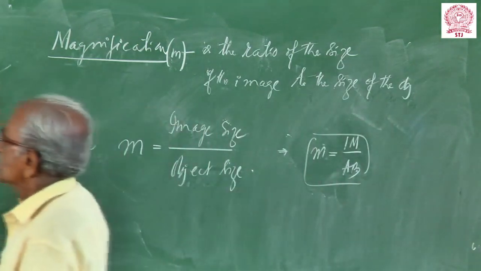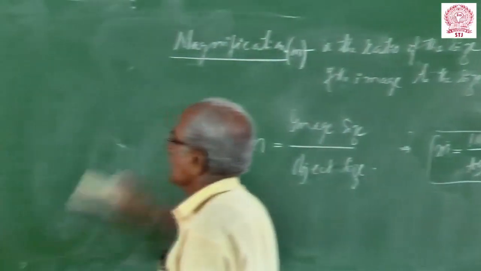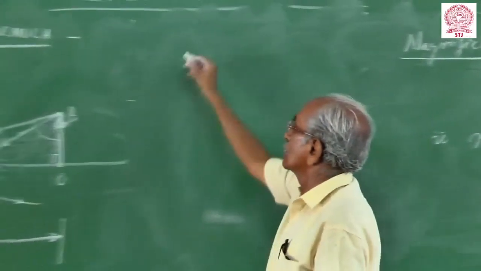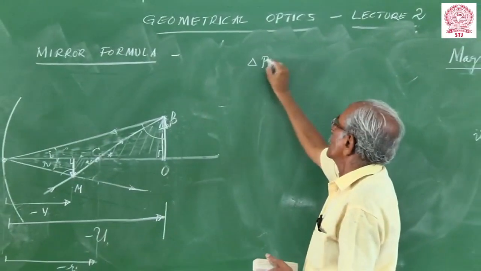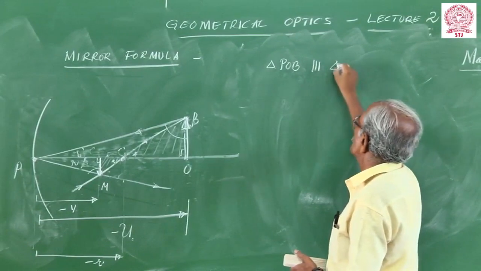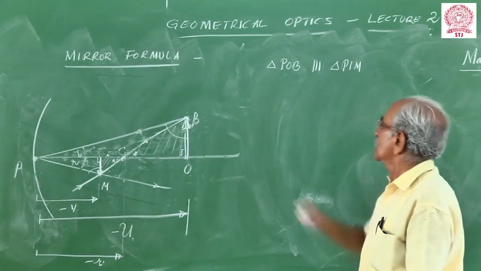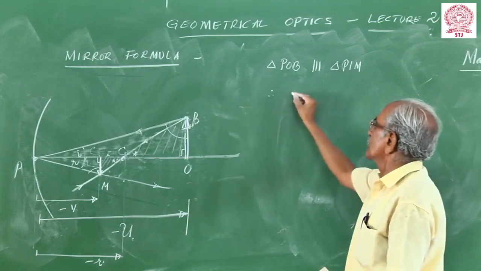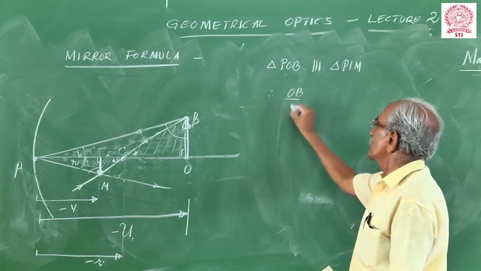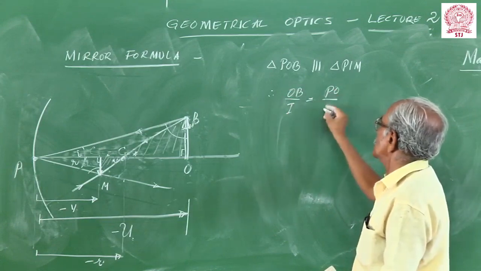Now let us suppose from the same figure, triangle POB is similar to triangle PIM that we have come across in the derivation. Now therefore, object size over image size is equal to object distance over image distance.